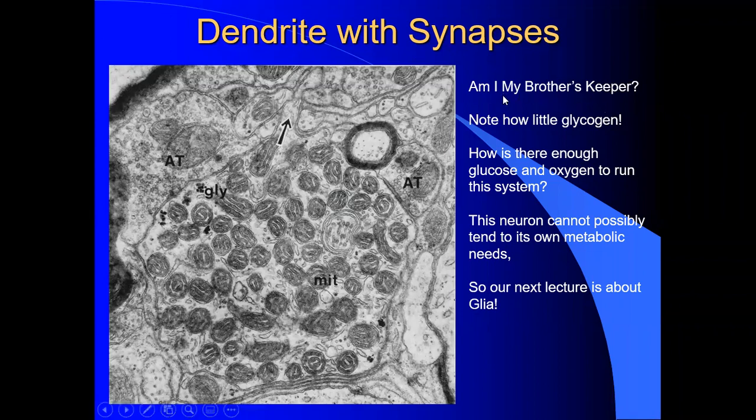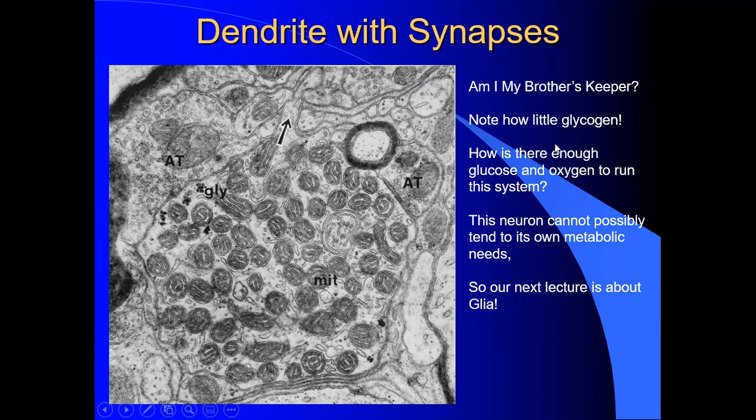Am I my brother's keeper? Who's maintaining this? Where does the mitochondria get its energy supply from? I get it, they're making the ATP for us. But where's the glucose or lactate or pyruvate coming from? This dendrite is filled with mitochondria, and we don't see any kind of apparatus here to generate the substrate that is needed.